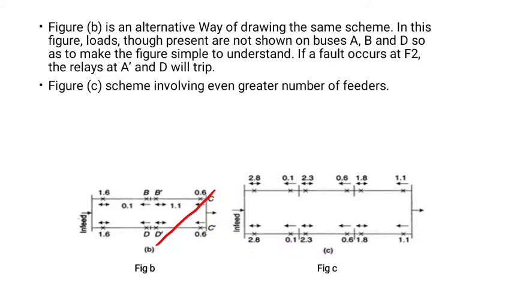In this figure, loads, though present, are not shown on the buses A, B and D, so as to make the figure simple to understand. If a fault occurs at F2, then the relays at A dash and D will trip.